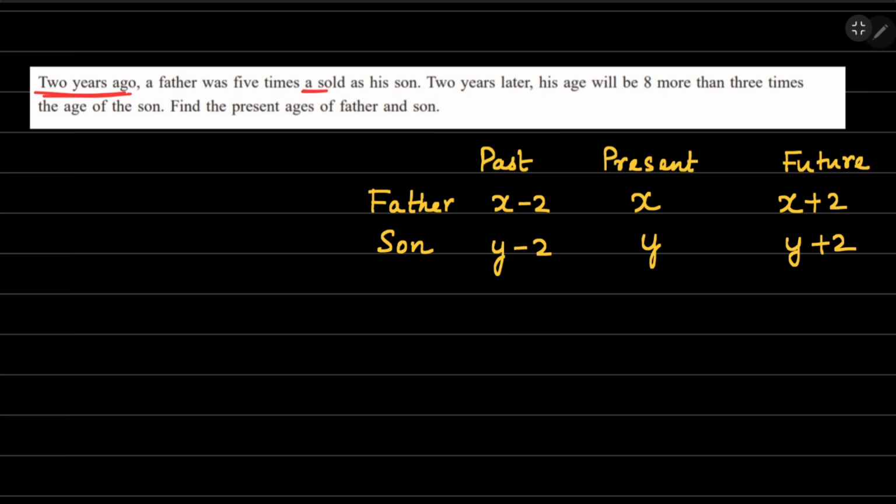Okay, now let us form the linear equations as given in the question. So 2 years ago, these were the ages, so you have to only look here. A father was 5 times as old as his son. So father's age was x minus 2, 5 times the son's age, 5 times y minus 2. So this is your equation 1.